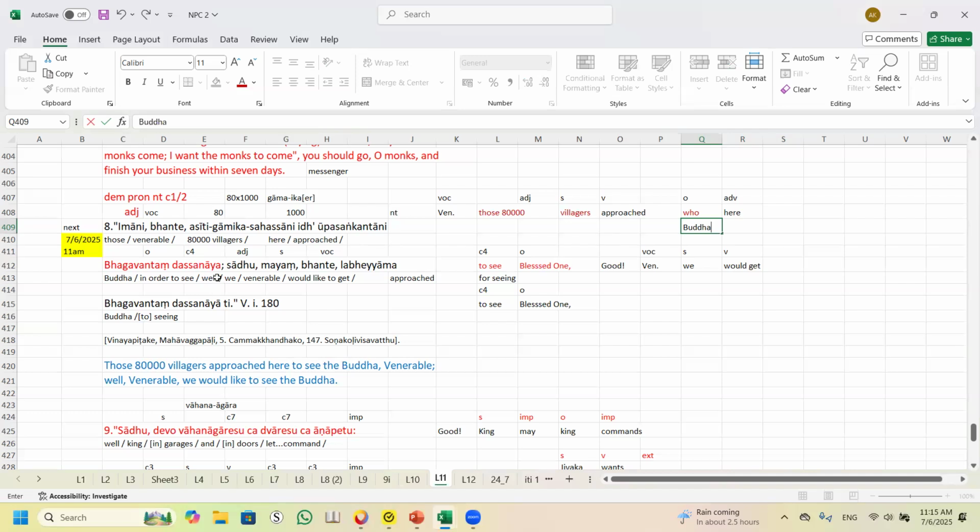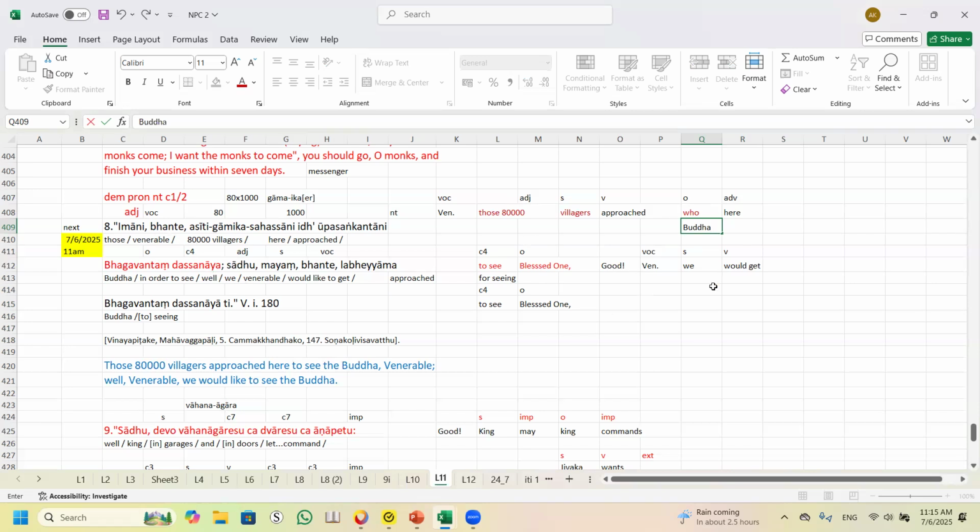Here you can say to see, for seeing. So we can choose, for seeing the blessed one, approach the Buddha for seeing the Buddha. Of course in English we cannot put it two times, so this is up to here.